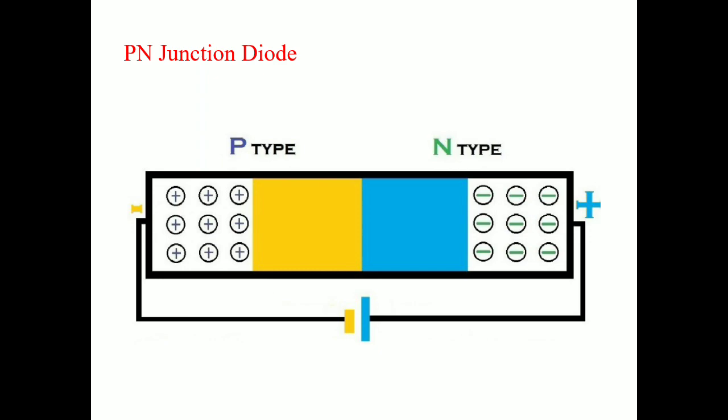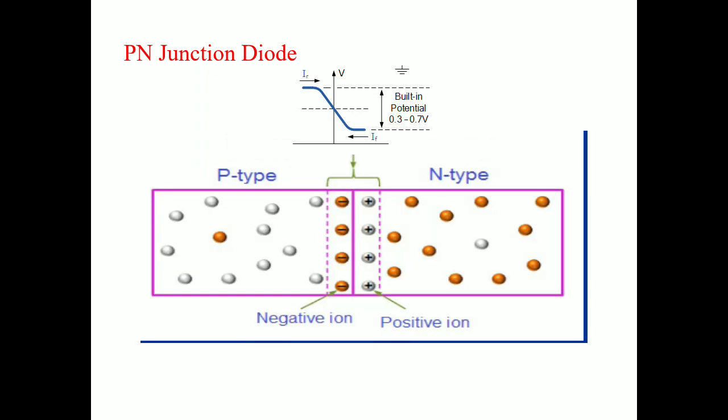Once you combine the p-type material and n-type material, a very important process takes place in the diode. What is that process? The n-type material diffuses into the p-type material. The n-type electrons are attracted towards the p-type material, whereas the holes of the p-type material cross over and enter the n-type material.